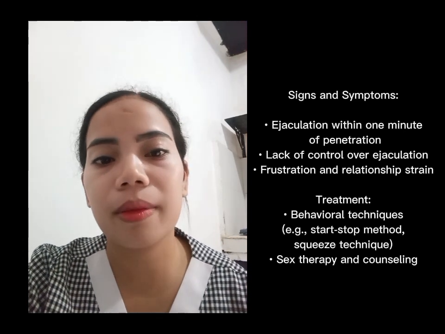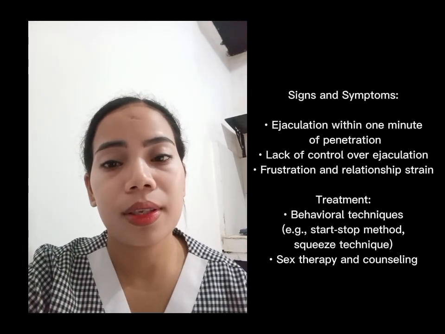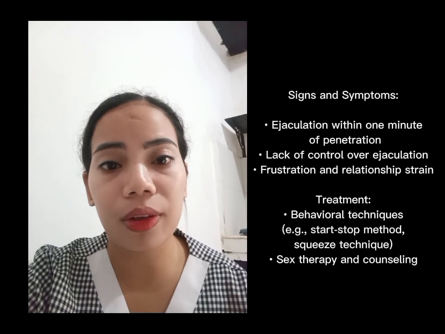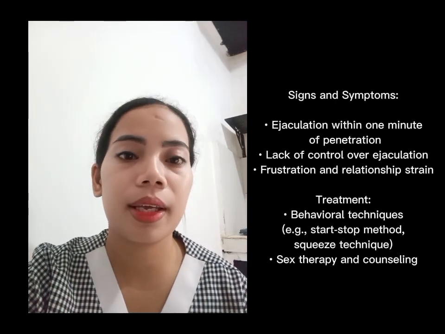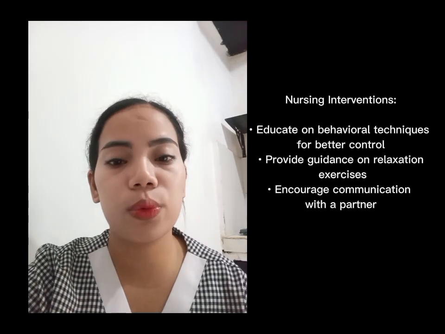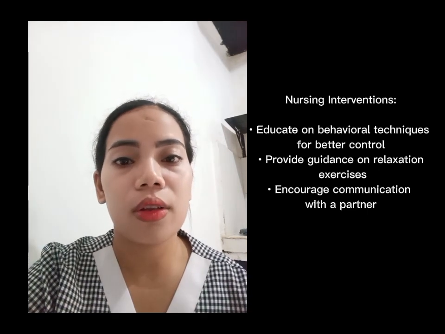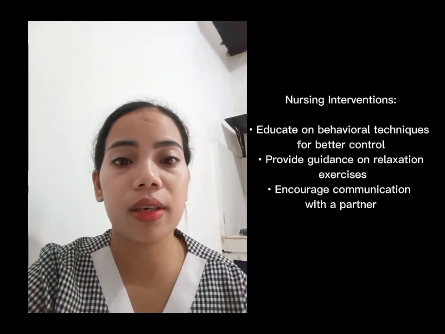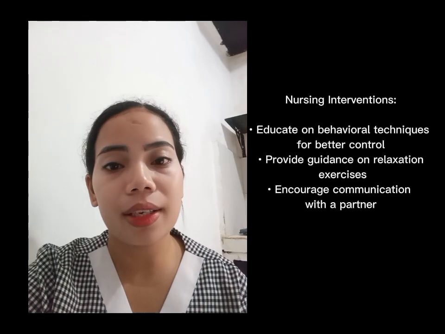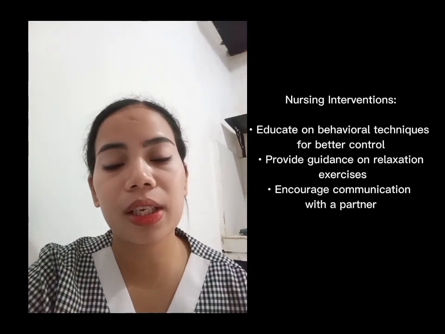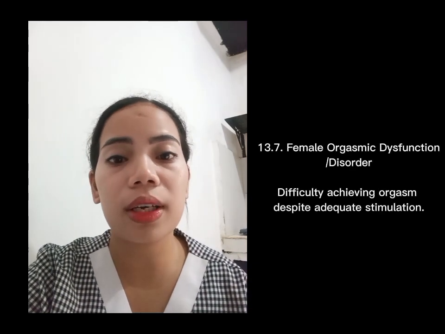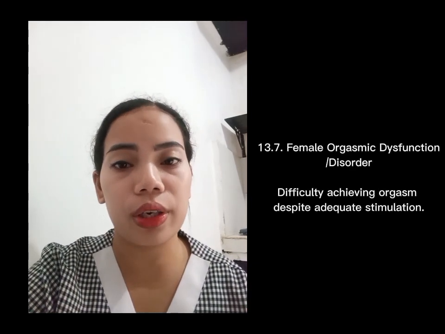For treatment, behavioral techniques like the start-stop method, squeeze technique, and sex therapy and counseling. For the nursing intervention, we should educate on behavioral techniques for better control, provide guidance on relaxation exercises, and encourage communication with a partner.